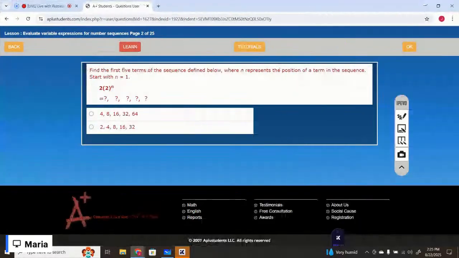Find the first 5 terms of the sequence defined below, where n represents the position of a term in the sequence.